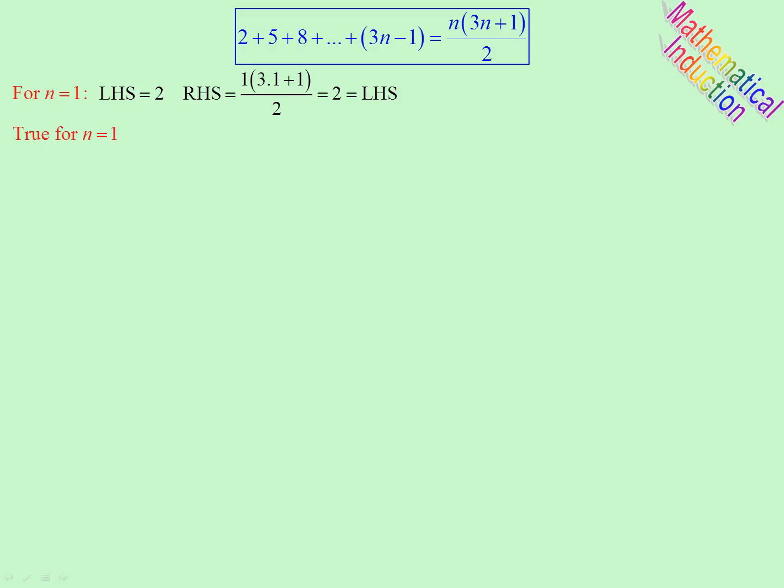True for n equals 1. Assume true for n equals k. There's your formula. That's for n, there's for k. Add the k plus 1th term to both sides.